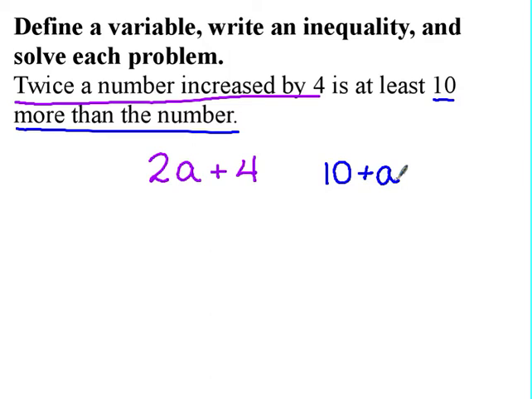Now I have to figure out what goes in between. First of all, we know it's not going to be just an equal sign. It's got to be something with an inequality. So it says is at least. If something is at least a number, does that mean it's bigger or smaller than the number?